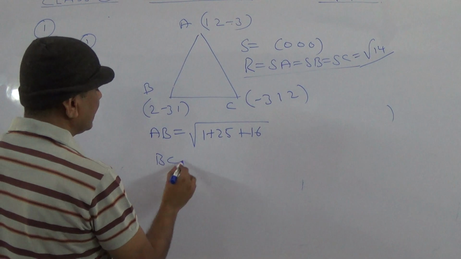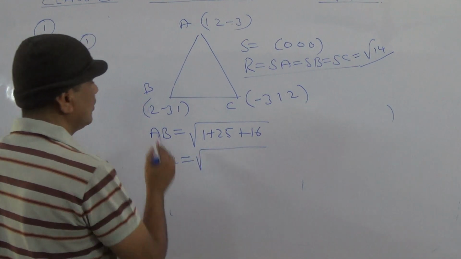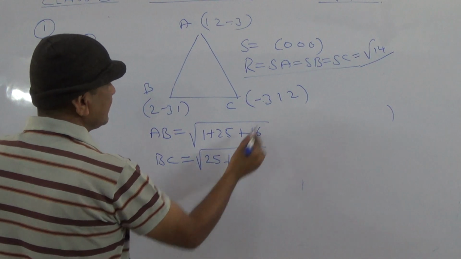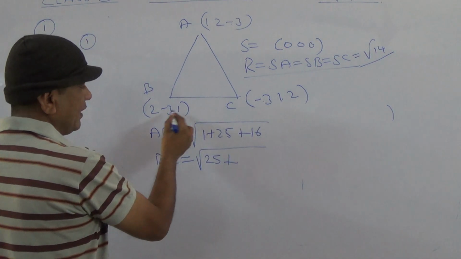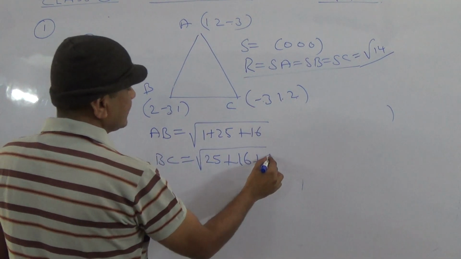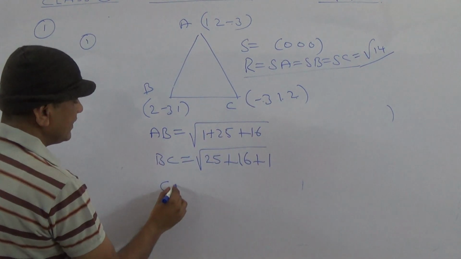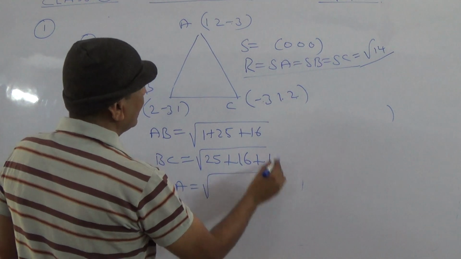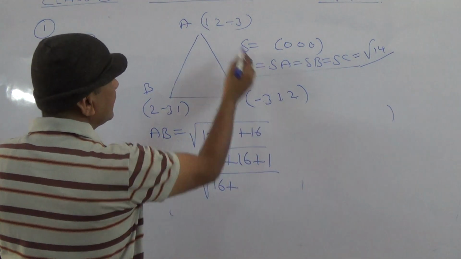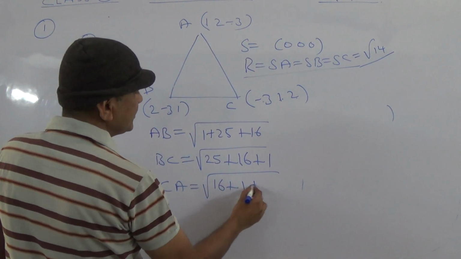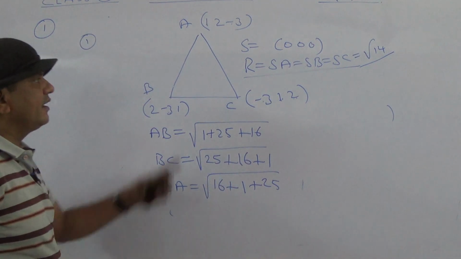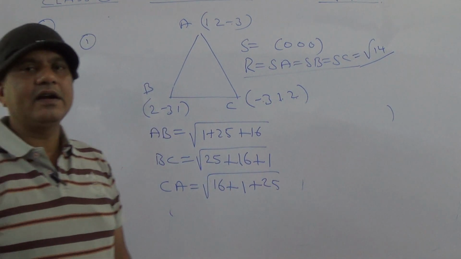Similarly BC is also the same, and CA is also the same. All sides are equal, so it is an equilateral triangle.